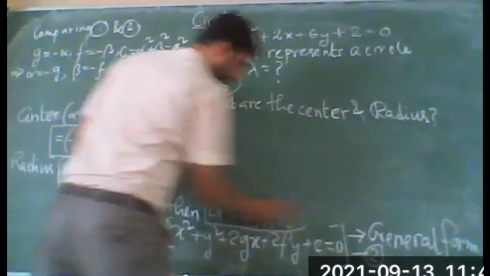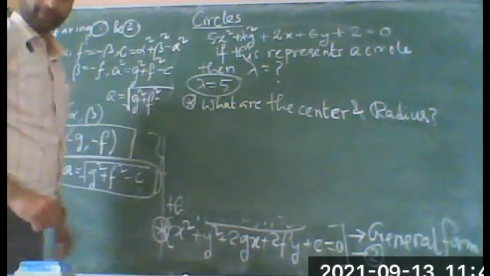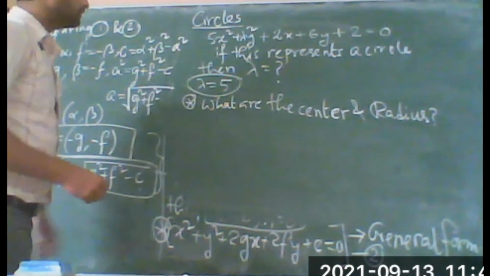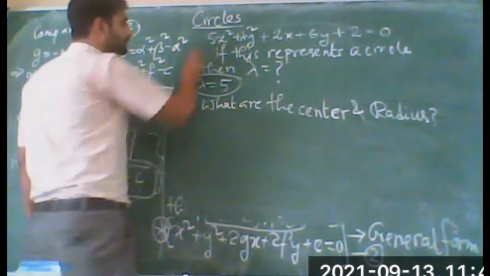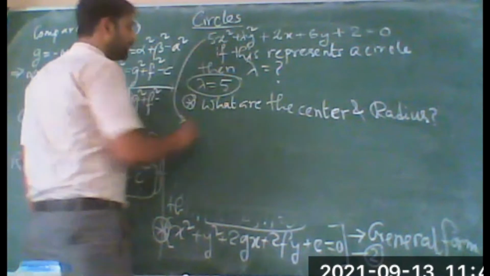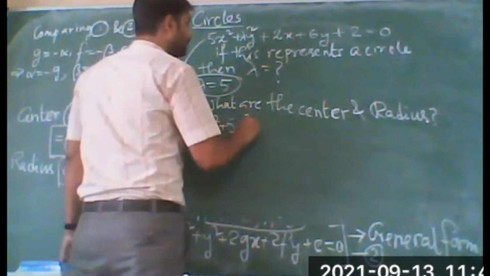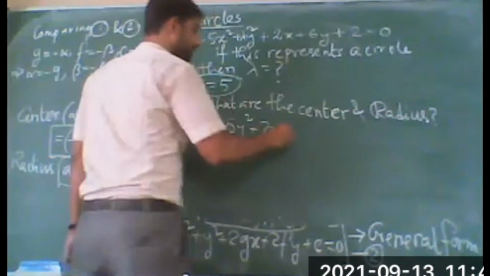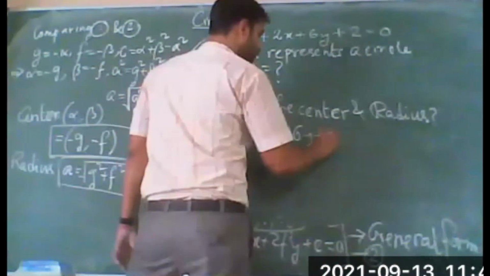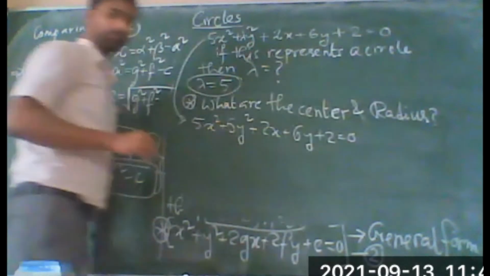To answer this, you need to write the general form first. If you put the value of lambda in this, you get the general form as 5x square plus 5y square plus 2x plus 6y plus 2 is equal to 0.